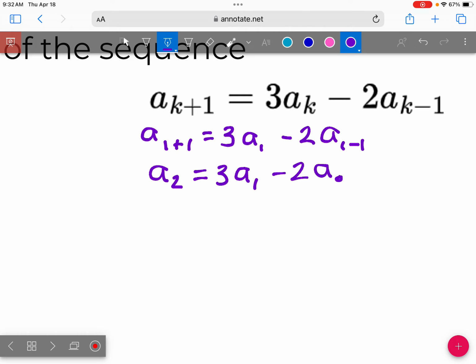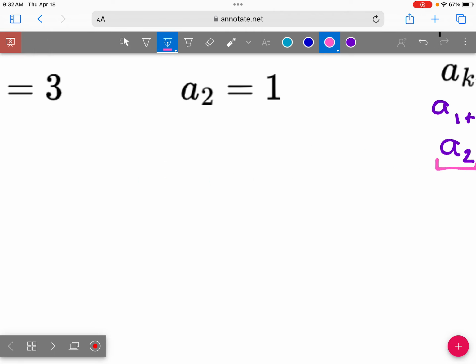And I see two weird things happening here. One, I already know a sub 2. I don't need to calculate it. Also, I don't know a sub 0. So we're not going to use a k of 1 here. I don't know this piece, so I can't calculate it this way. That is why they told us a sub 2, is I couldn't calculate 2 if all we know is 1.